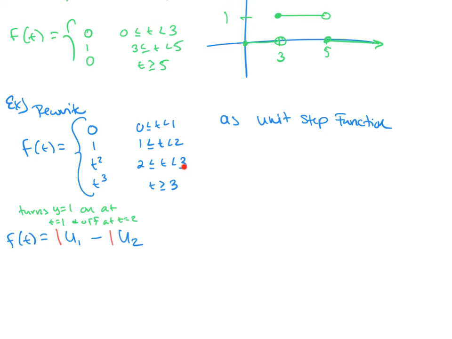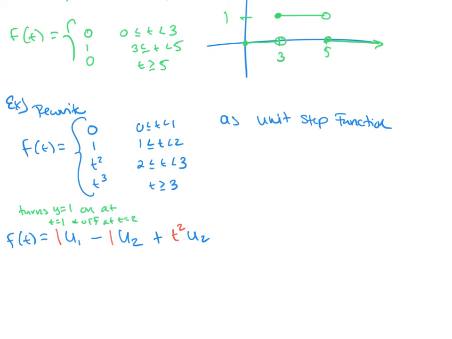Okay, now I want to turn the function t squared on at t equals 2 and off at t equals 3. So here's how I'm going to write that. Plus t squared u2. Positive will turn that function t squared on at u2. Oh, I wish I had written this t squared in red, because that's the function I'm turning on and off.